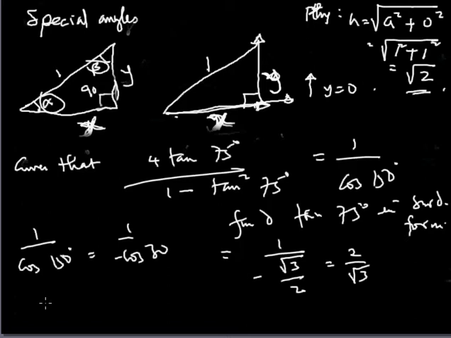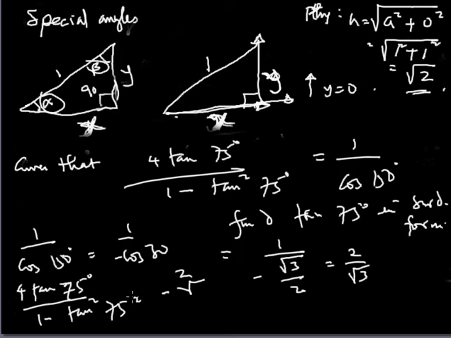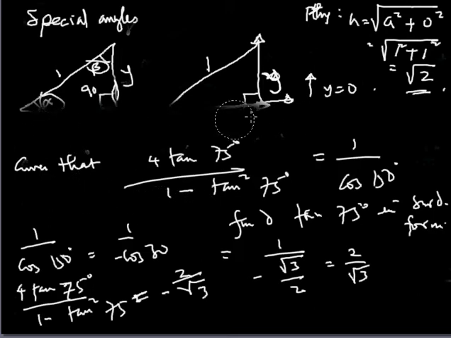So when we now have 4 tan 75 degree over 1 minus tan squared 75 is equal to minus 2 over root 3. I'm going to be clearing this up, so I'll continue from here.